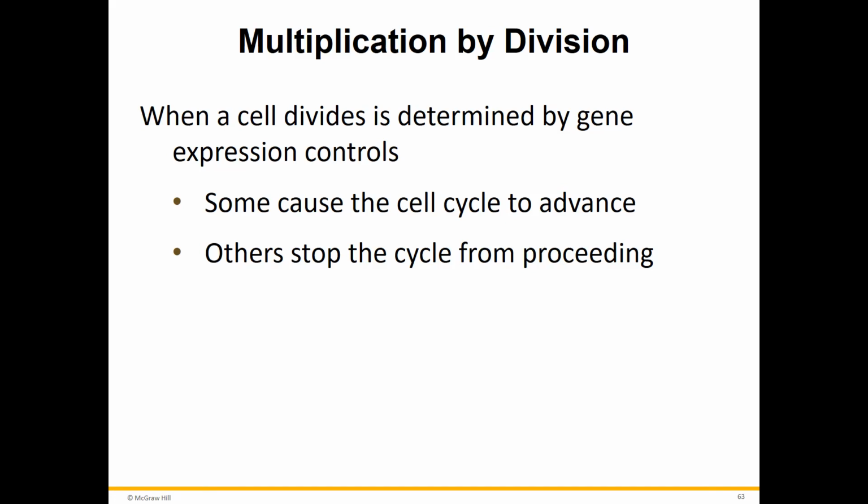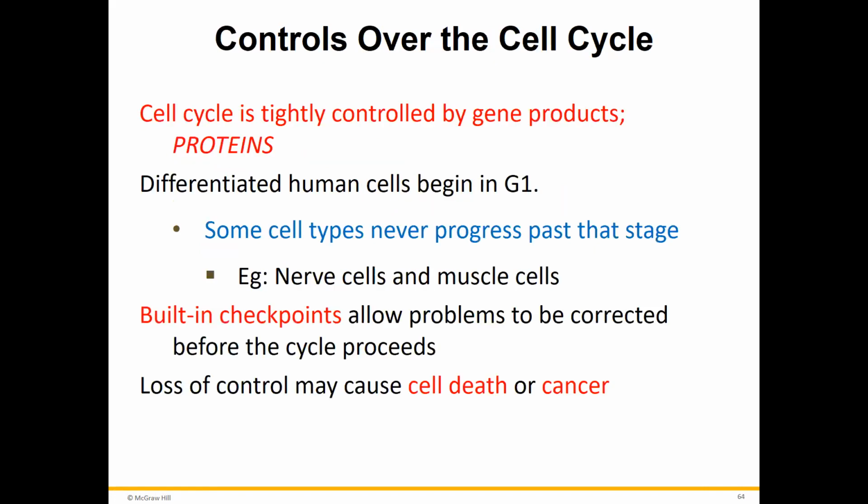So when the cell is approaching the point where it is going to divide, it's all about gene expression controlling that. Remember, the product of gene expression is a protein. So proteins have to be made and controlled that allow the cell cycle to advance or to just stop.